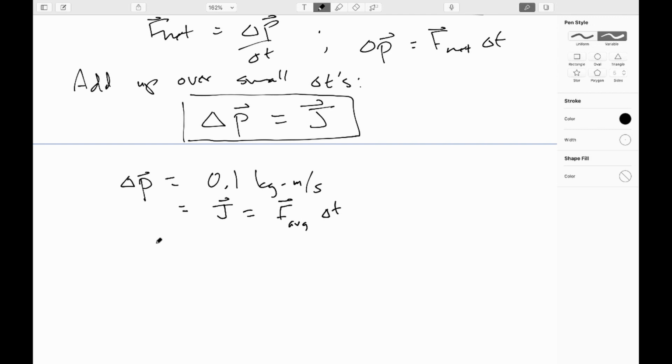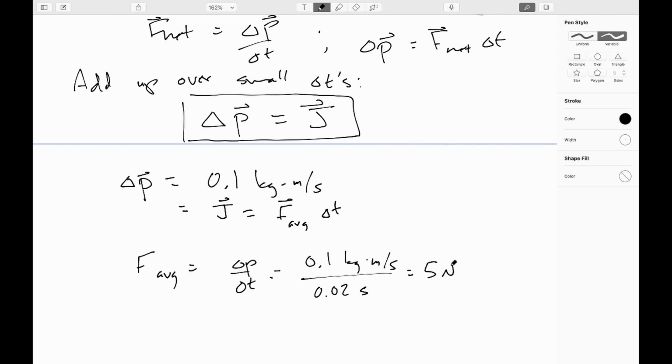So my average force that my hammer is exerting would be equal to delta P over delta T. That'd be my 0.1 kilogram meters per second, and I said 20 milliseconds, so 0.02 seconds. All right, so it's going to be 0.5, shift to 0. So about 5 newtons in this case.